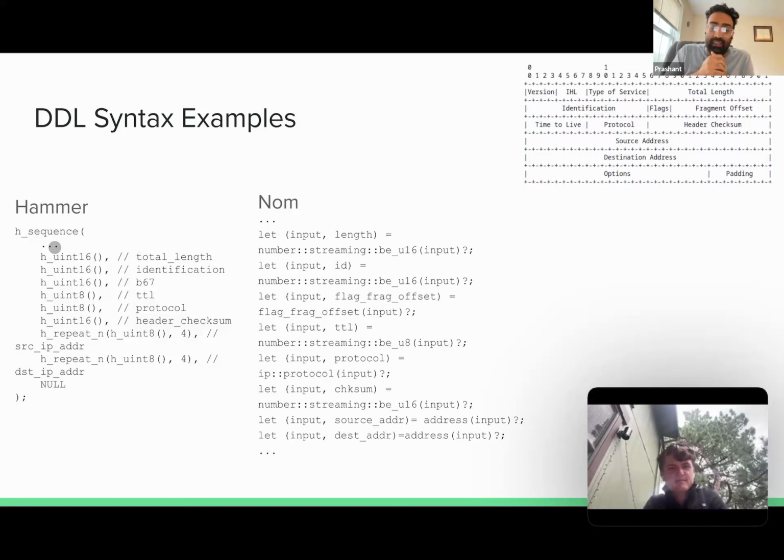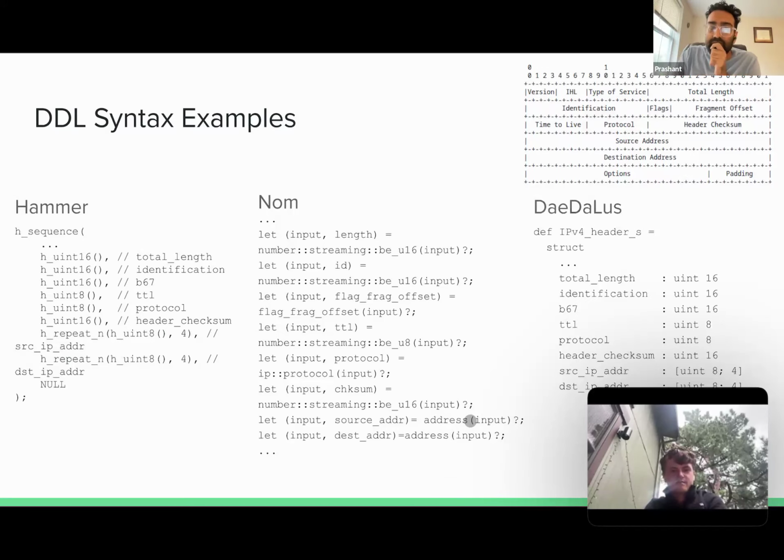This is the nom syntax. It's a little more complex, but not really. It's essentially the same thing, just saying that it's a big endian unsigned 16-bit operation. And then you have a sequence of these. They have a different address operation over here for IP addresses, and that's not a part of this code snippet, but this is just Rust.